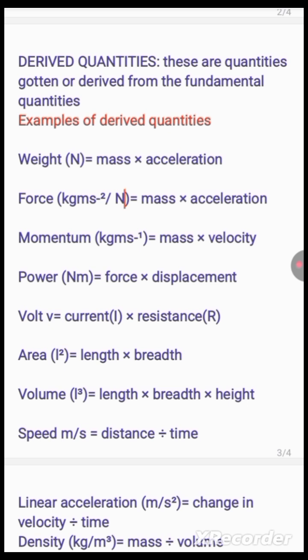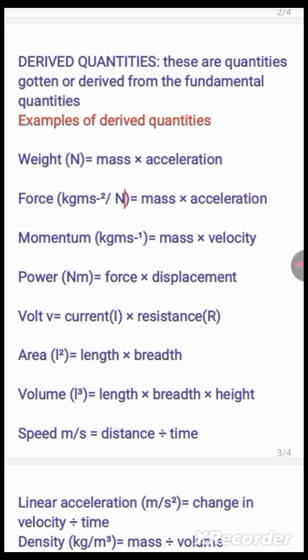The unit of power is Newton meter. Note, there are different types of power. There is electric power and then there is the power for Newton meter. Electric power is measured in watts.